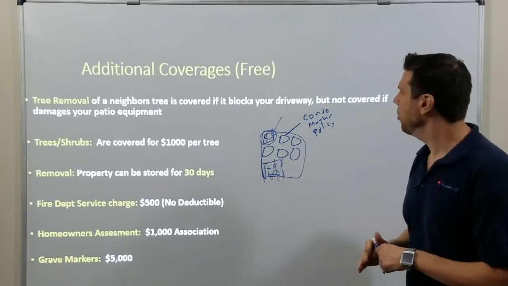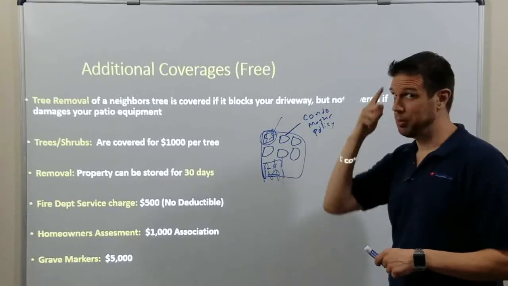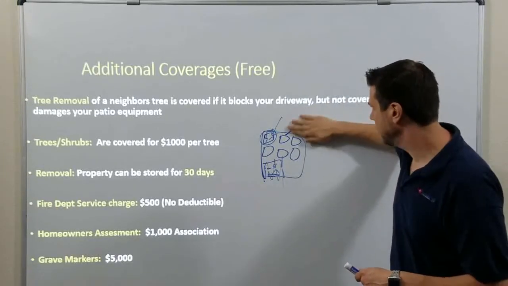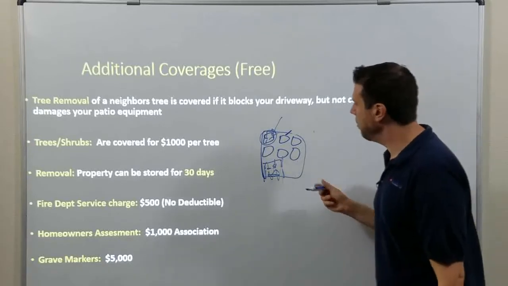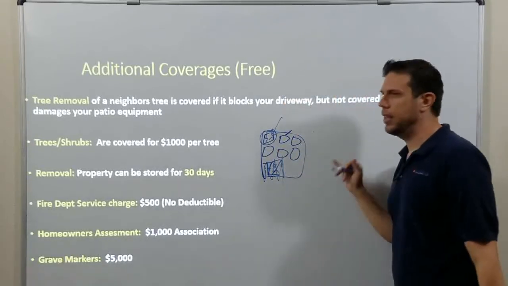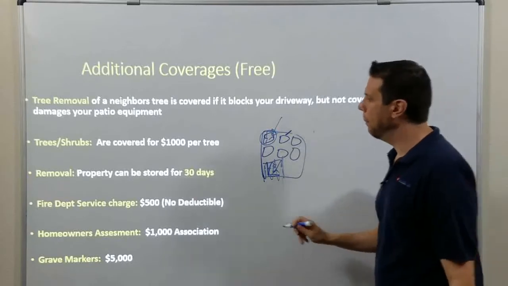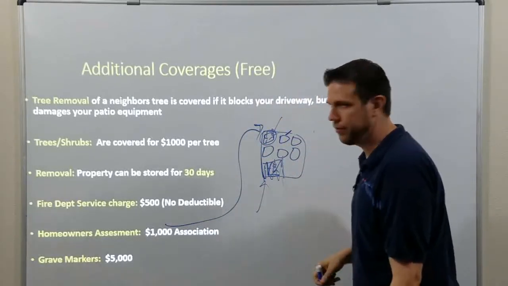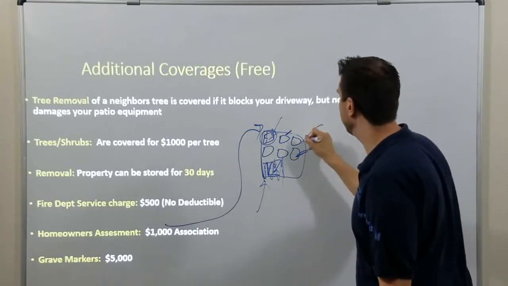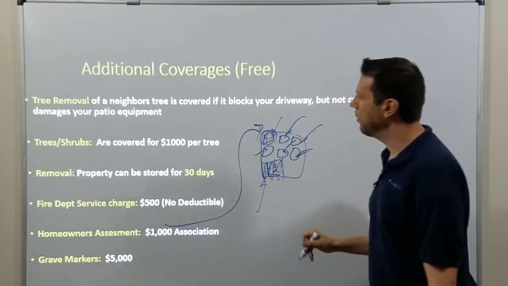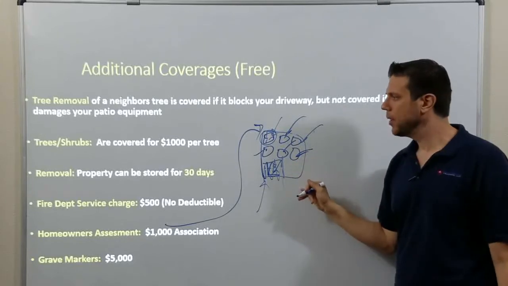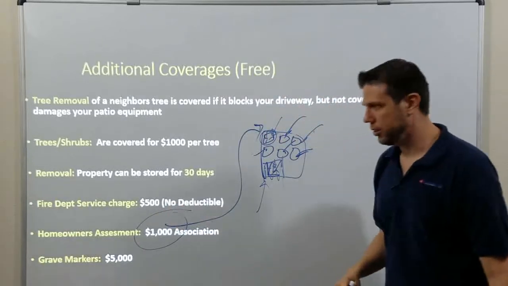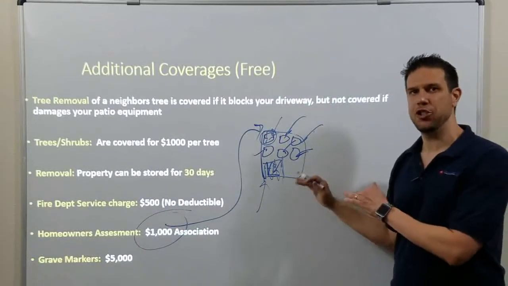But let's say that your condo building wasn't smart and they didn't have master policy insurance. If the gym burned down, then your building might assess you a fee to fix it. And they'll assess everybody the same fee. That way you have enough money to rebuild the gym. Your homeowner's insurance covers up to $1,000 to rebuild that gym.